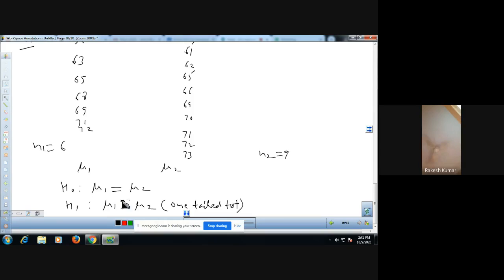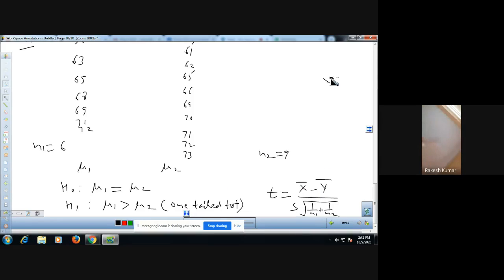Now, for applying the test statistic T, we should have x bar minus y bar, over S times the square root of 1 over n1 plus 1 over n2. We have the values. N1 is 6, N2 is 9, and we should calculate S and x bar, y bar.